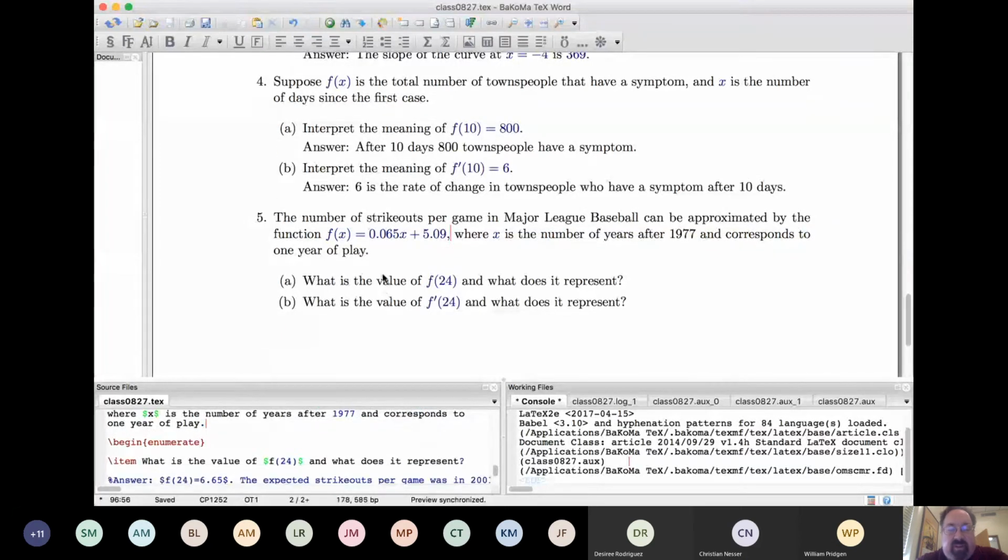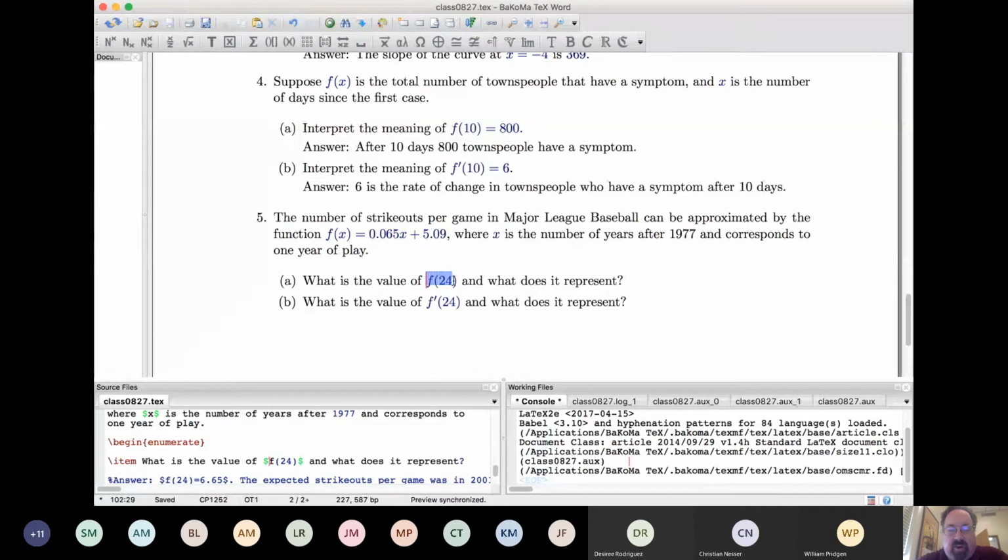Okay, so here we have the value of f at 24. So what would that mean? Given the information here about what f of x is defined to be and also what x refers to, does anyone want to take a stab at this?